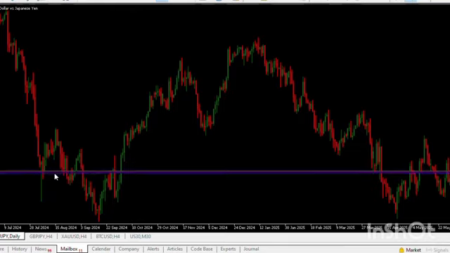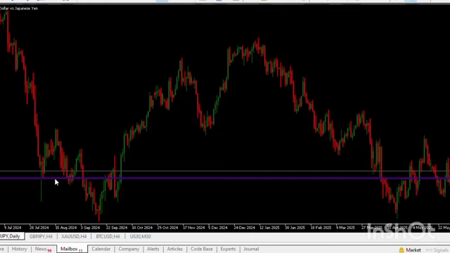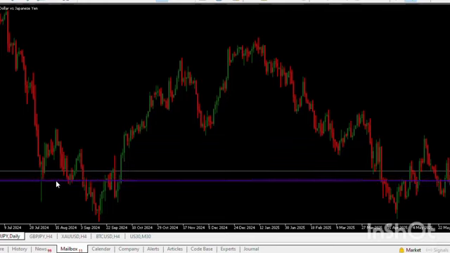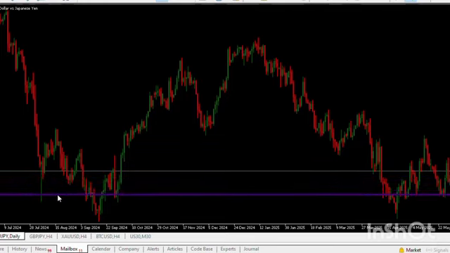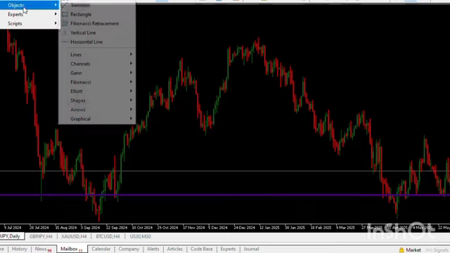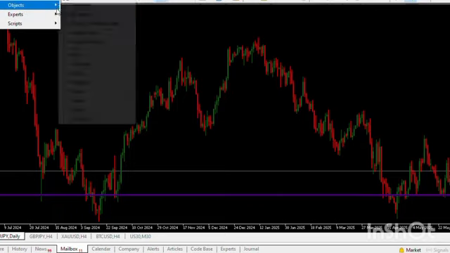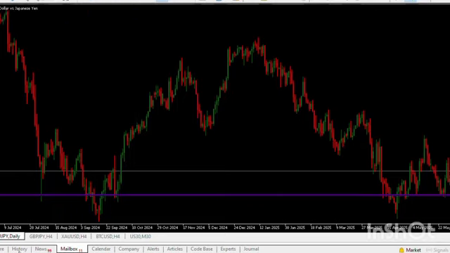Okay, fine. Having said that, let us look at this level. At this level where this support is, where our horizontal line is, what can you observe? What can you notice here?